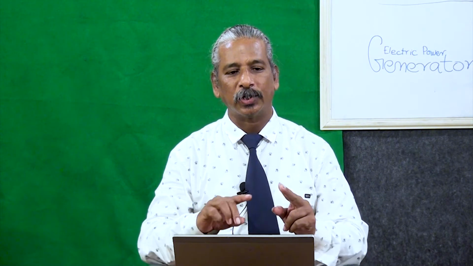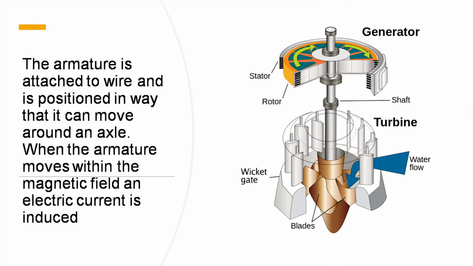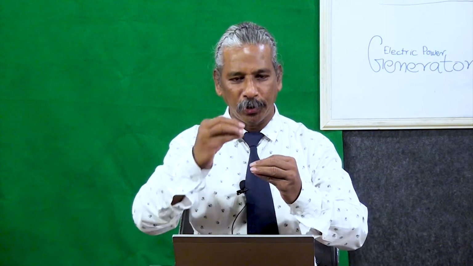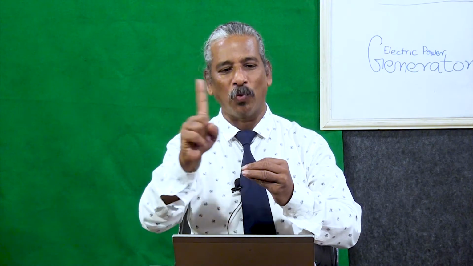The armature is attached to a wire and is positioned in a way that it can move around an axle. When the armature moves within the magnetic field, an electric current is induced in the coils and the wires.